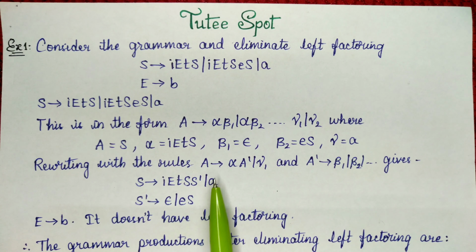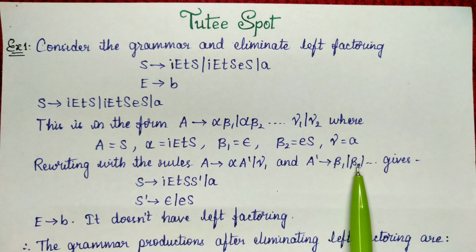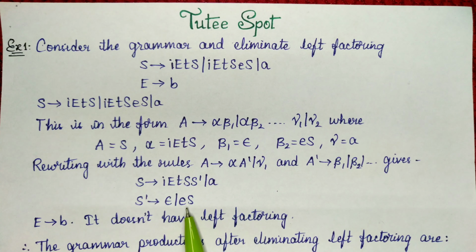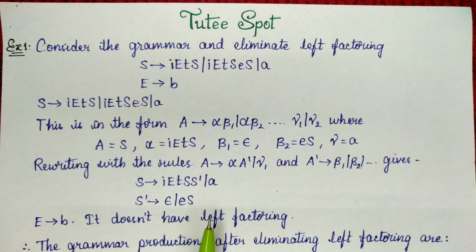And next rule, A prime means S prime implies beta 1 means epsilon and beta 2 means eS. And the next grammar is E implies b. It doesn't have left factoring. So the productions after left factoring are S implies iEtS S prime or a, and S prime implies epsilon or eS, and E implies b.